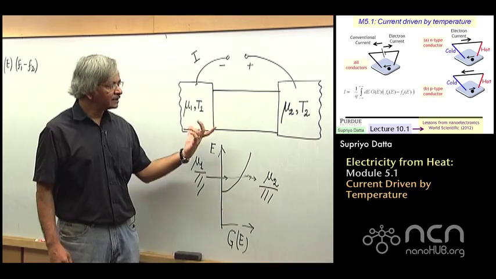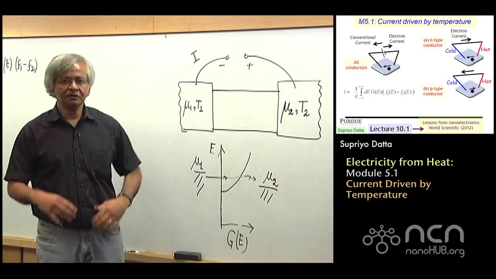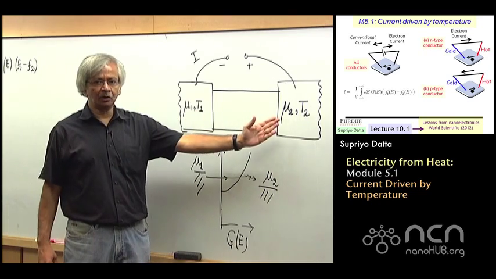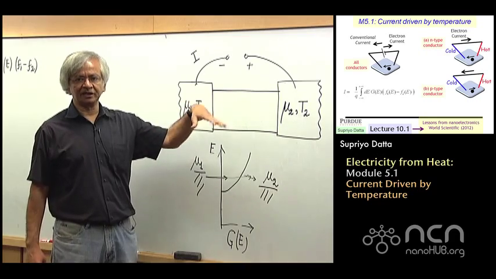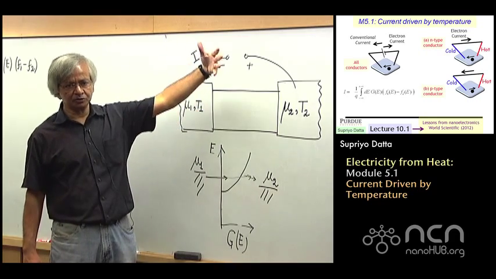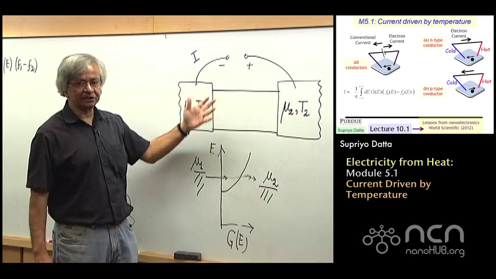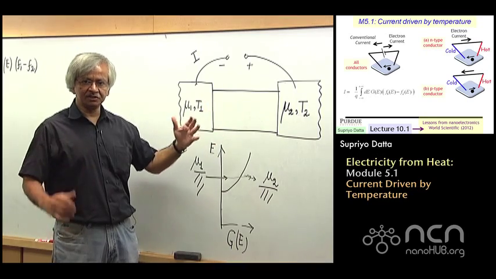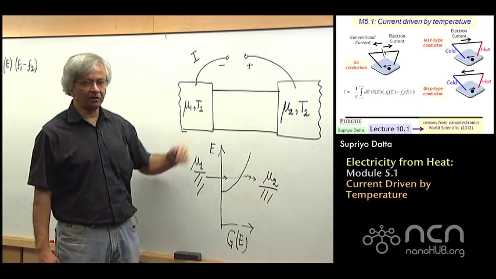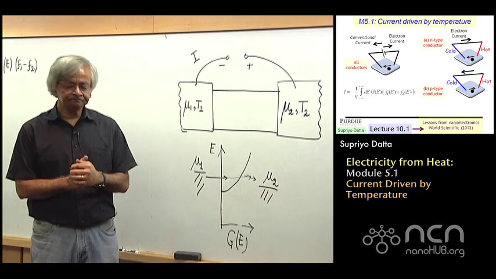In fact, something like this could be used as a generator. That is, if you have a hot surface and a cold surface, then by having this device in between, you could use it almost like a battery, something that you could use to power other things. And so it's actually used for many practical applications as a generator, a power source that converts heat into electricity.